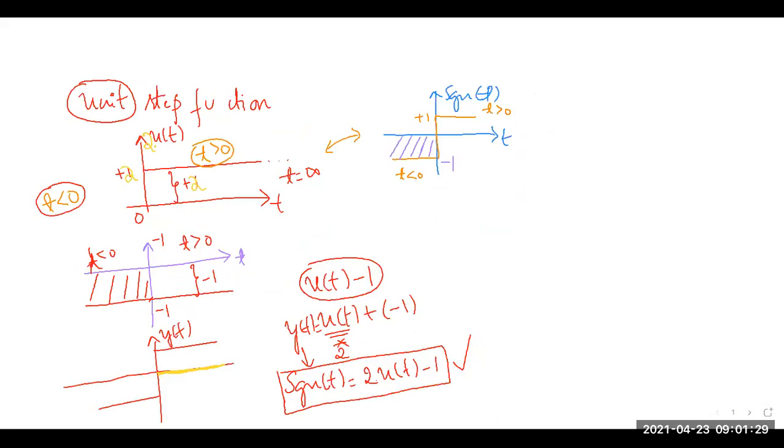Now, if I differentiate this signal, if I make it go through differentiation, let's see what happens. So right now, x of t is equal to 2 times u of t minus 1.